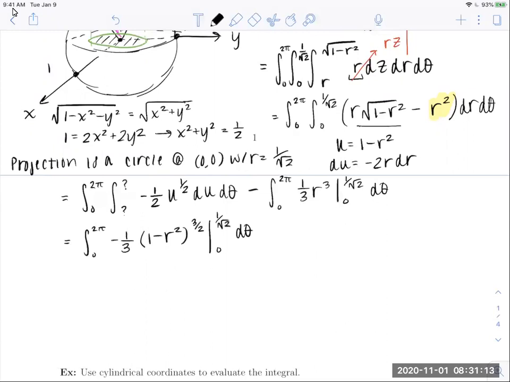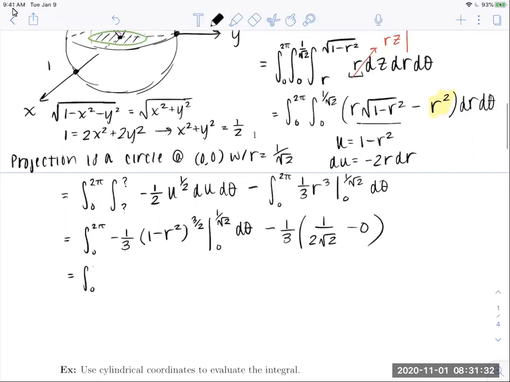All right, and then let's evaluate our other term here. I have 1 over 2 root 2, and then of course minus 0 here. So let's evaluate this first piece now. I'll leave my negative 1/3 out front.